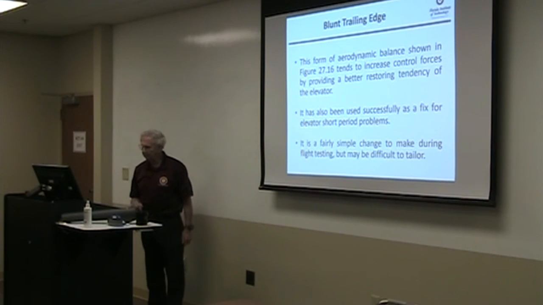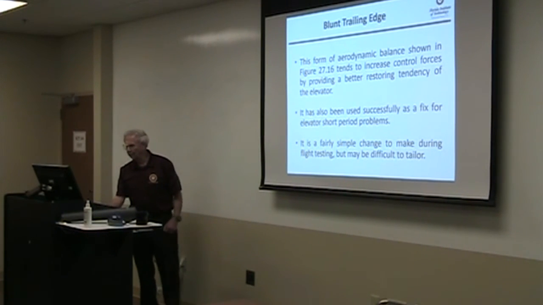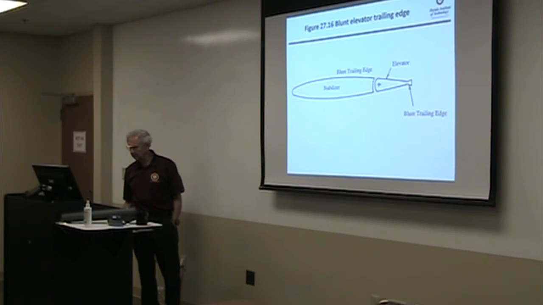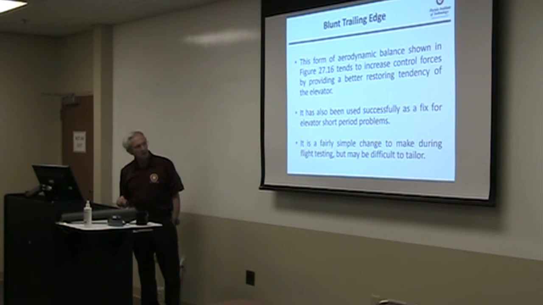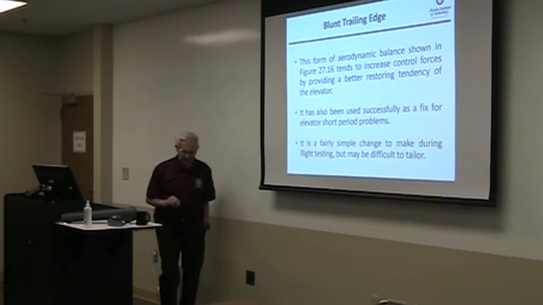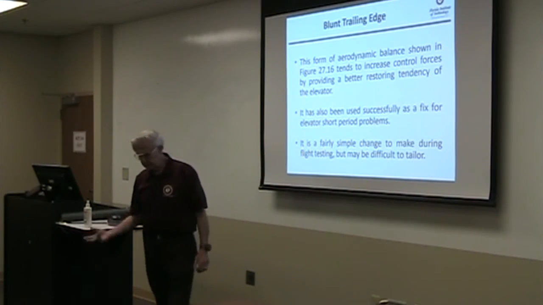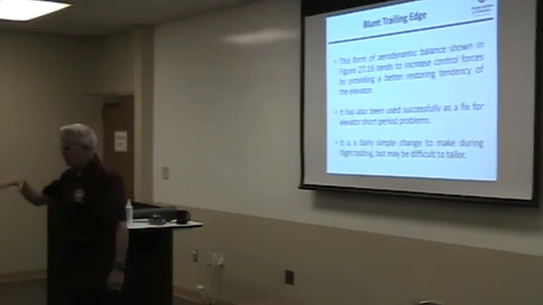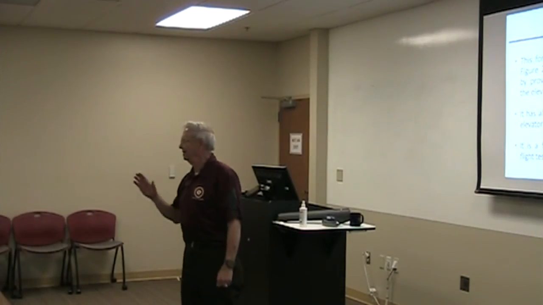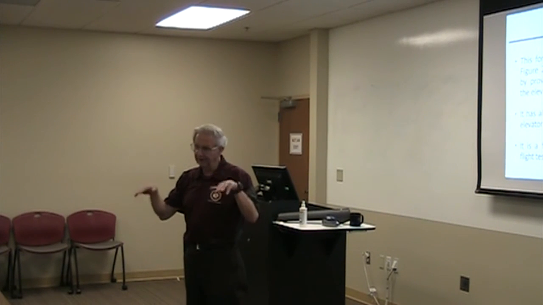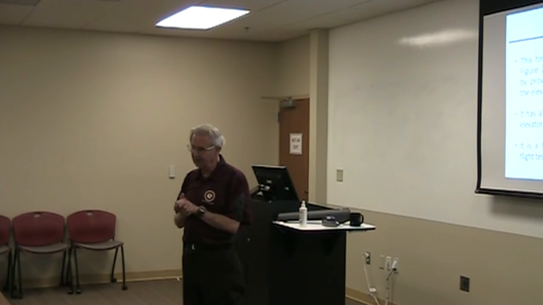The next one I have, the blunt trailing edge, form of aerodynamic balance. So it's like this. And it can fix, there's two types of short period. There's short period airplane, short period elevator, where the elevator will sit with a limited oscillation. It's not flutter, it's just a limited oscillation.